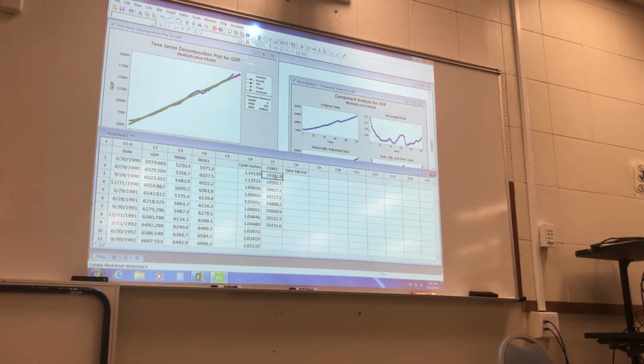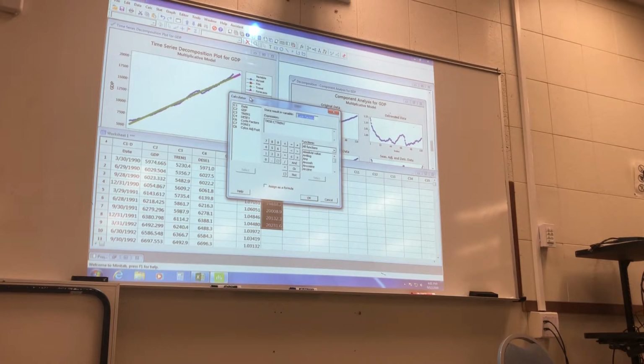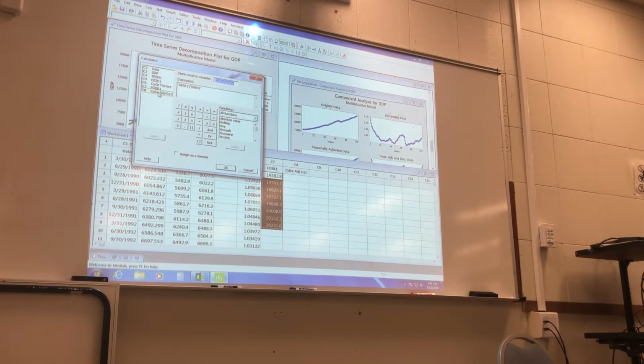I'm going to take this forecast value and multiply it by the constant cycle factor that we just copied. We go up to calculator and put this in the cycle adjusted forecast column. We take the forecast, multiply it, shift 8, that's the asterisk, by control V, the last cycle factor. Does everybody see that?